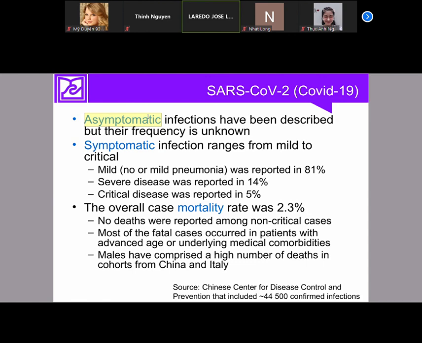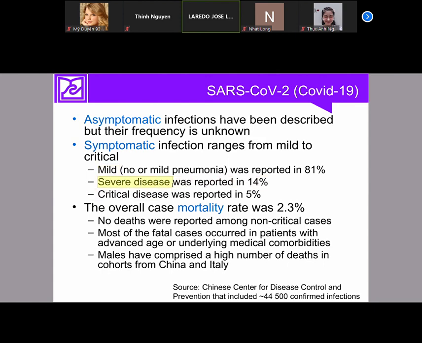So we don't know exactly how many asymptomatic people we have. And that is a problem because asymptomatic people may transmit the disease, but maybe less than symptomatic people. And what about symptomatic people? Most people are very mild. Around 81% of people will suffer a very mild disease, like a common cold.